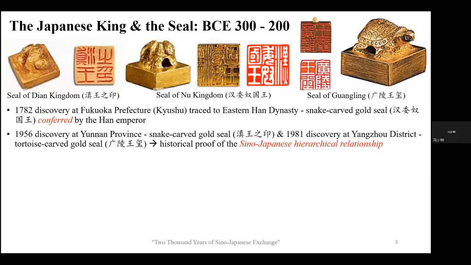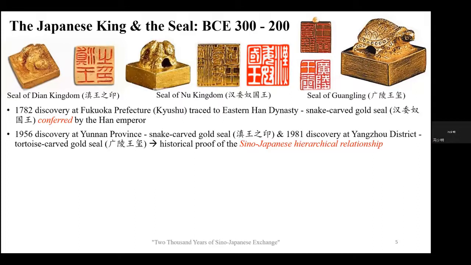And subsequently, we have the 1956 discoveries at the Yunnan province, which is also a snake-carved gold seal, as well as the 1981 discovery at Yangzhou district. This seals the fact that there has been a historical proof of the Chinese and Japanese hierarchical relationship.